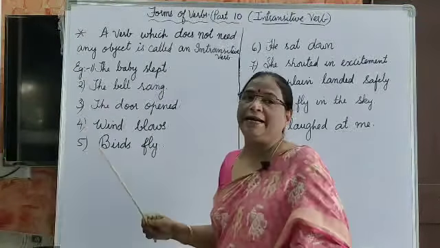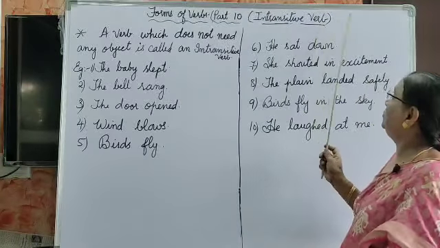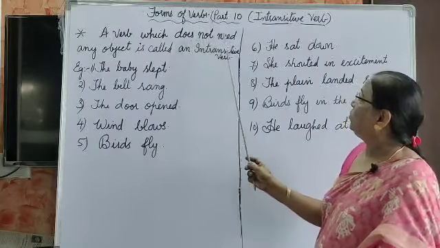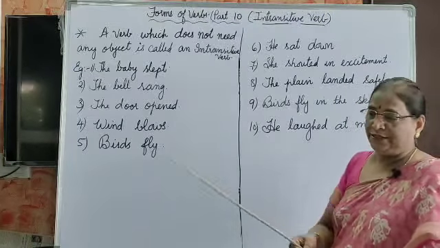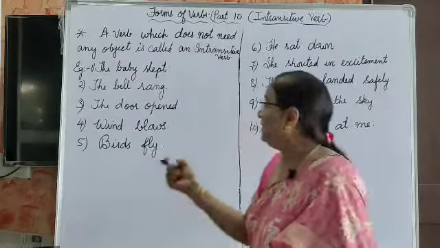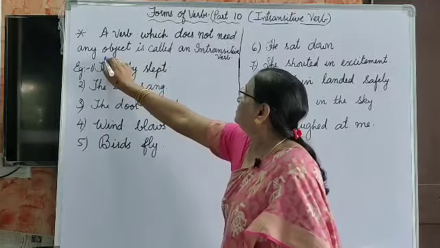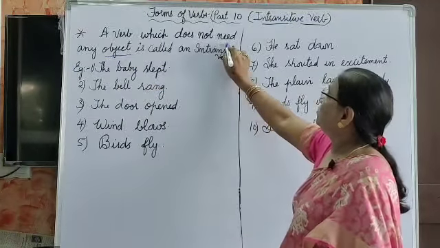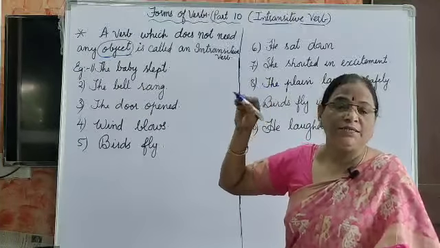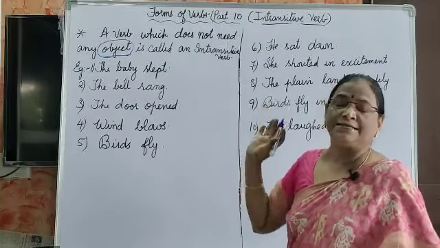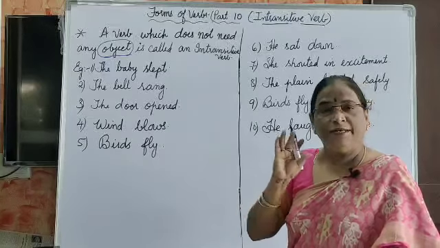Forms of verbs, part 10, intransitive verb. A verb which does not need any object is called an intransitive verb. As I told you, the sentence which does not need an object, though we don't have an object in this kind of sentence, has complete sense, a meaningful sentence.